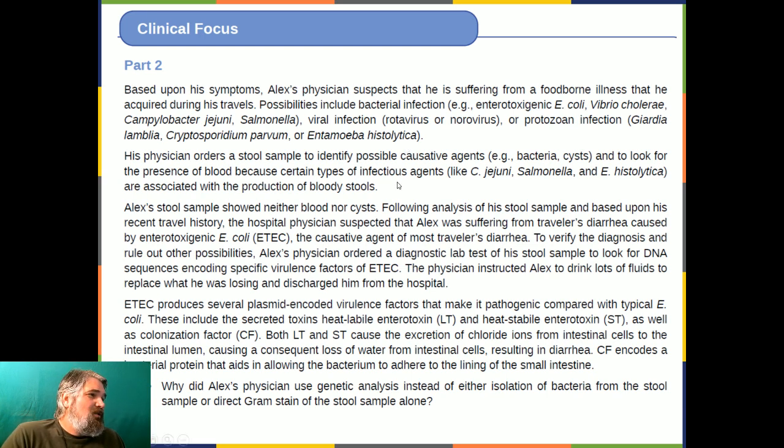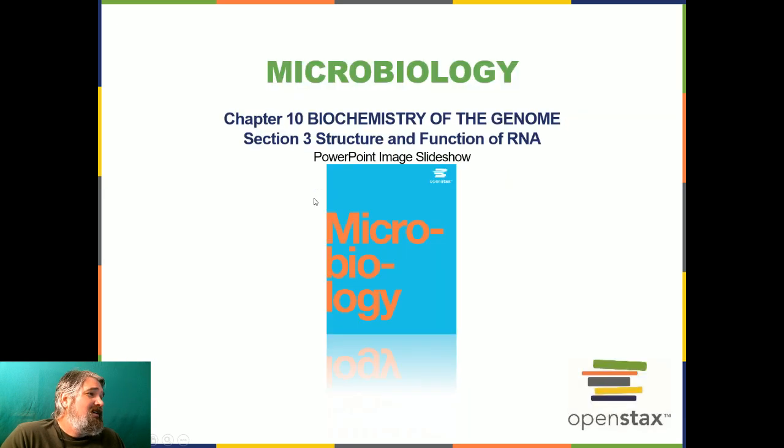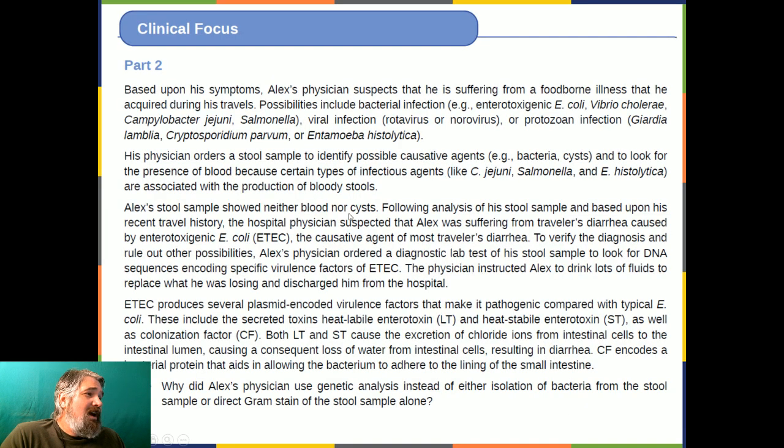Okay, so the physician orders a stool sample to identify possible causative agents and to look for the presence of blood, because certain kinds of these pathogens are associated with the production of bloody stools. So neither blood nor cysts. The physician suspects traveler's diarrhea caused by enterotoxigenic Escherichia coli.